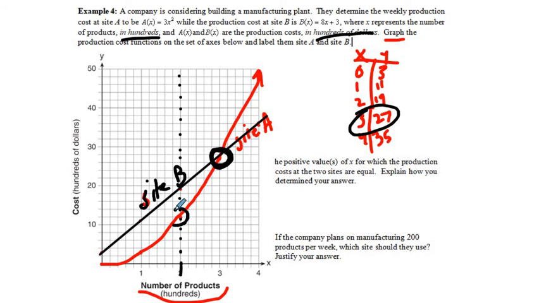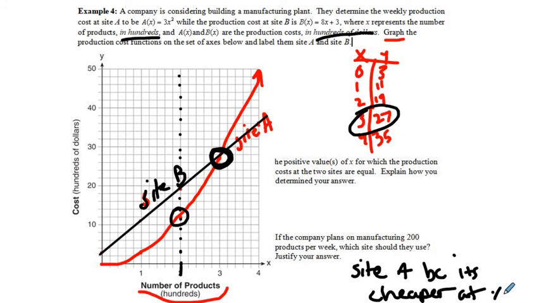At this point right here, site A is only costing us $1,100, so we'd rather do that than site B. So we're going to choose site A because it's cheaper at x equals 2. Or y is lower at x equals 2 is another way to say that.